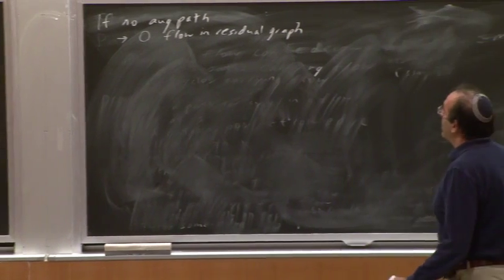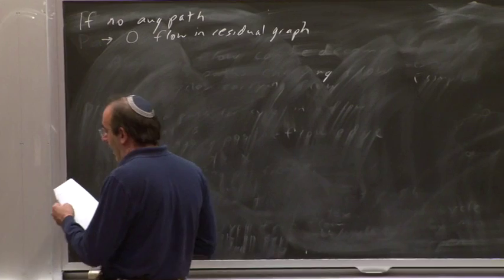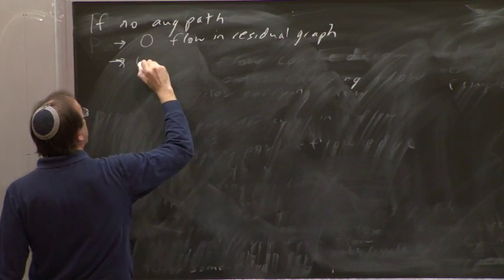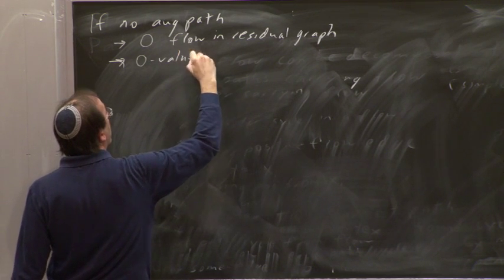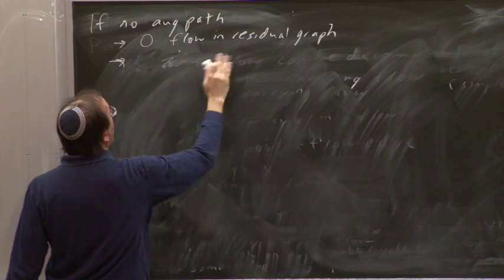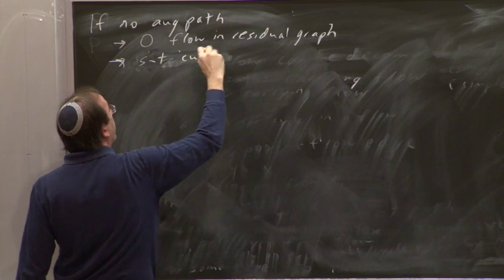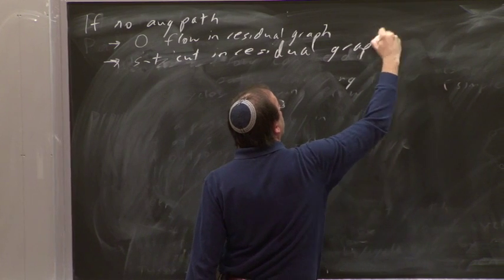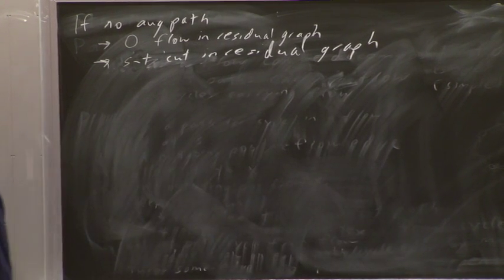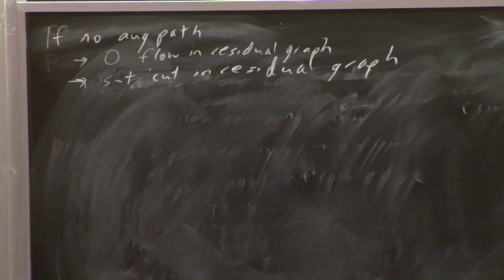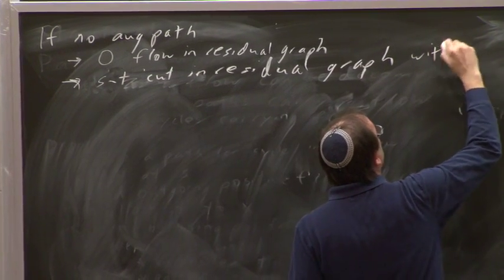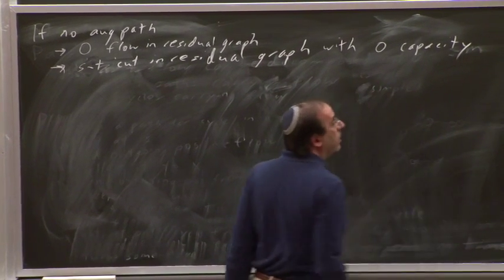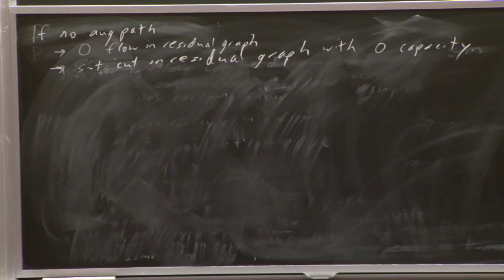So if there's no augmenting path, there's 0 flow in the residual graph, and that implies, as we were arguing over there, that there is an ST cut in the residual graph with 0 capacity. Right? That's the argument that we made over there.